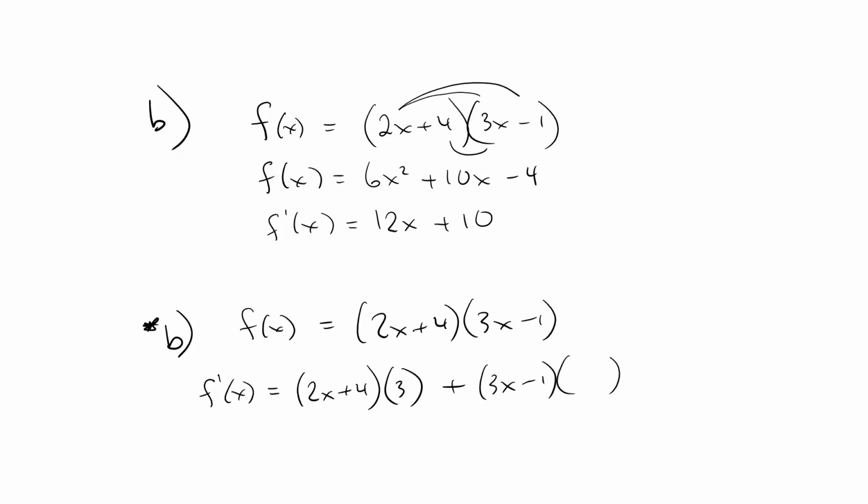And then we take the derivative of the first function, the derivative of 2x plus 4. And it's 2. Okay. And then let's simplify this out. So this becomes 6x plus 12. This becomes 6x minus 2. And the result is 12x plus 10. Are we good? Both ways now give us the same exact result. That is cool.